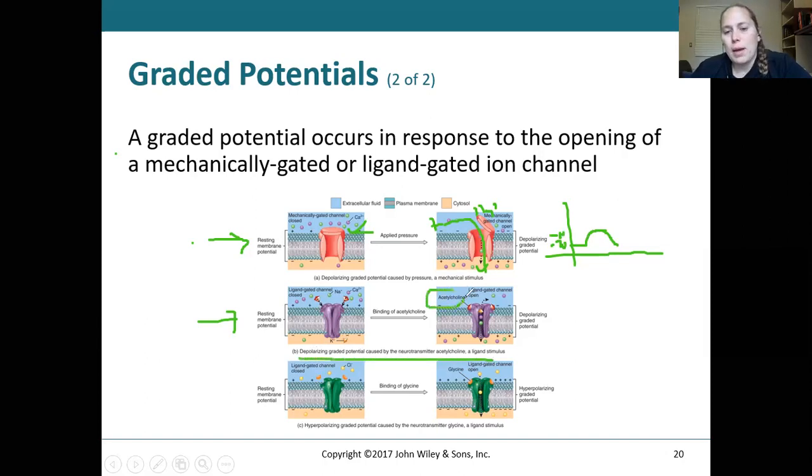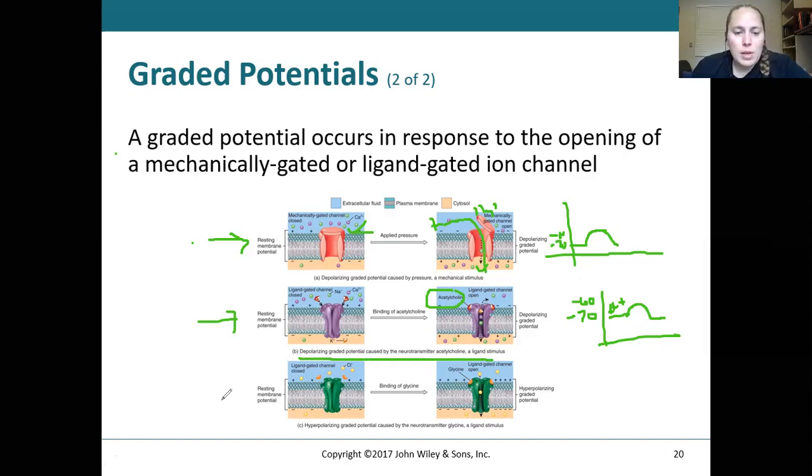You have acetylcholine binding and the gate opening. Again, it's sitting happily at -70, and then with acetylcholine binding, you get a little bump in the positive direction. It's becoming slightly more positive because positive ions, things like sodium, are flowing in.